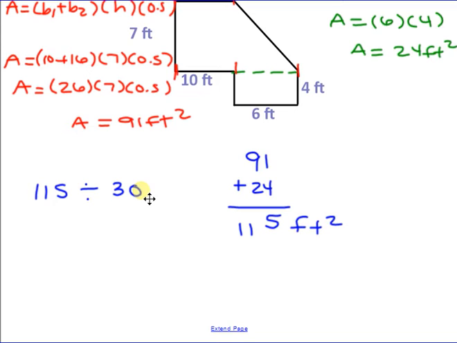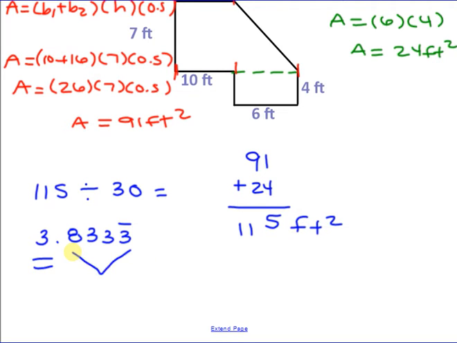And I get a really long decimal. 3.8333 repeating on forever. Okay? Now, I know for sure that he needs 3 quarts, but he also needs 0.833333 quarts.